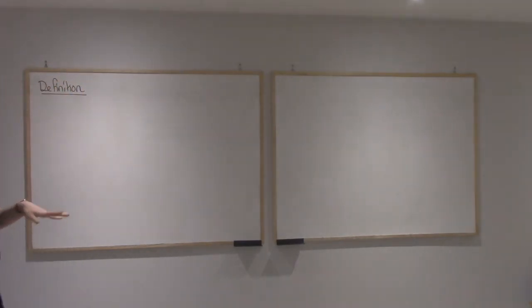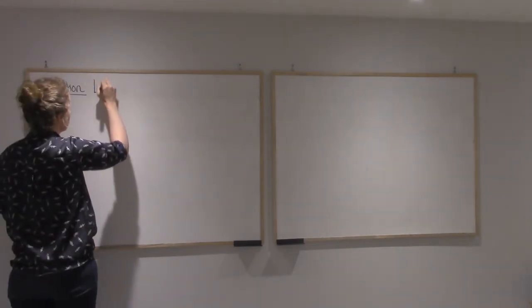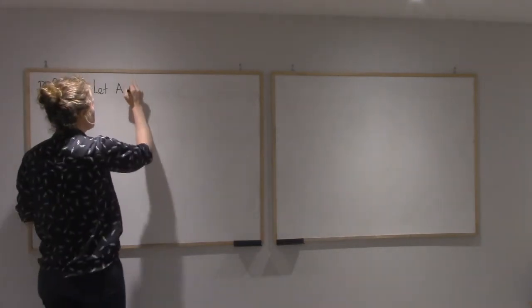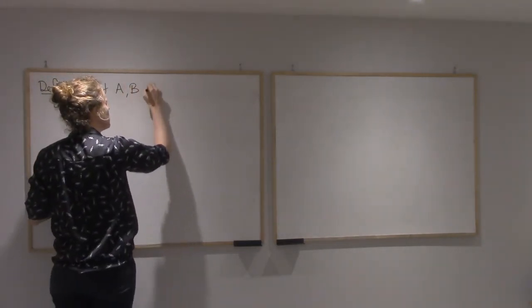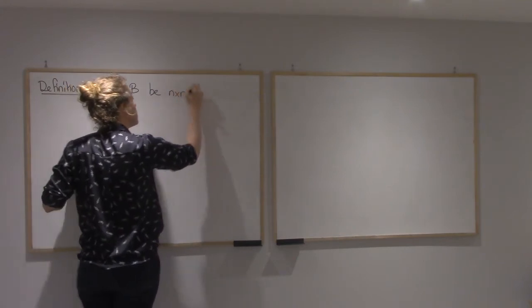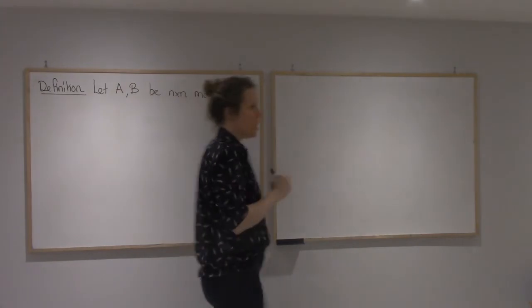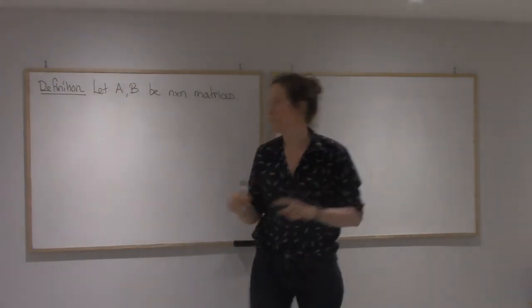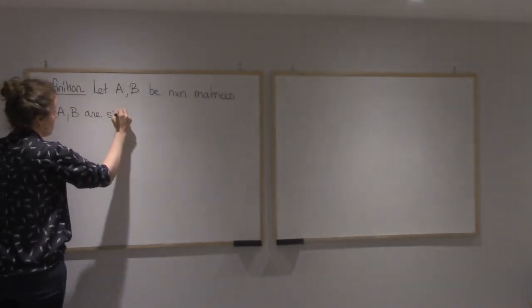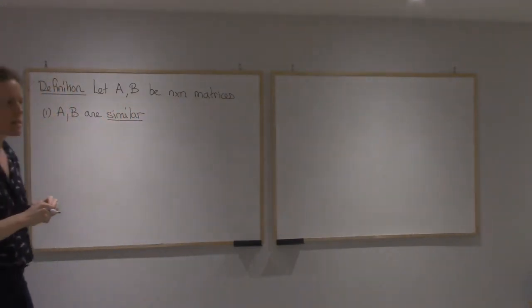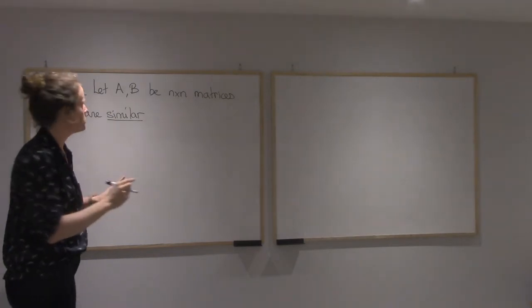I'm going to start with one n by n matrix, A, and I'll take a second one and call it B. We'll call A and B similar if there exists a matrix P that moves one to the other.